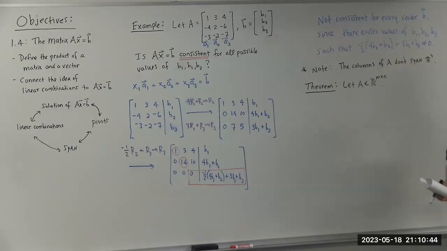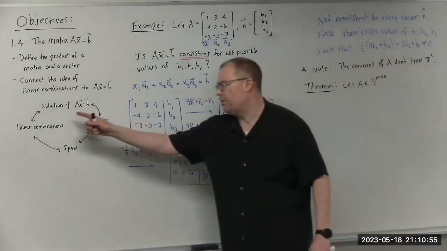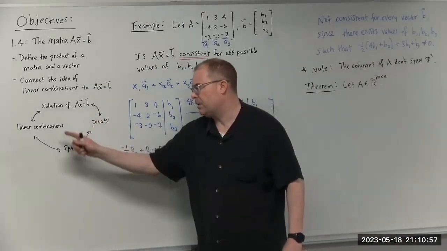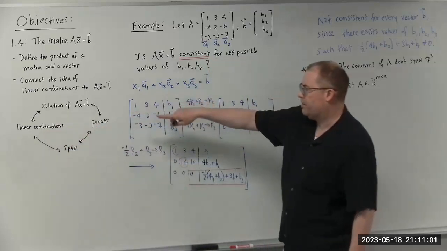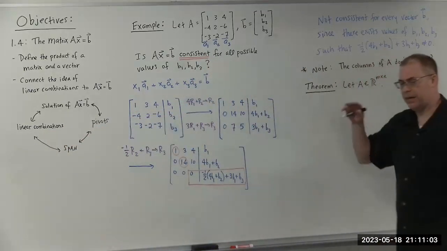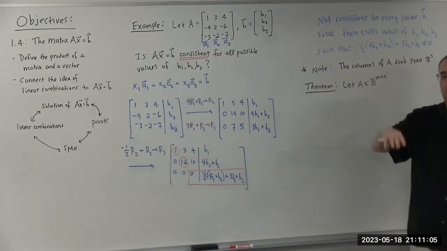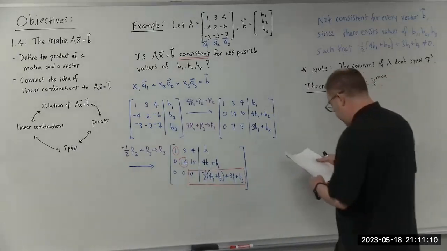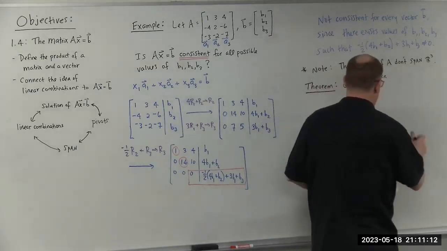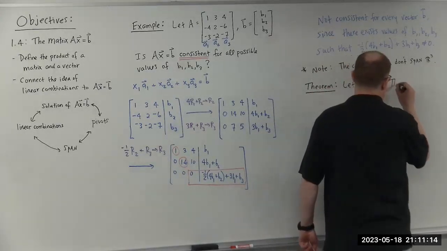In this course, the way this theorem works is that if one statement is true, then automatically the other statements are true. If one of these is true, then they're all true. If one is false, then they're all false. So these statements are equivalent.